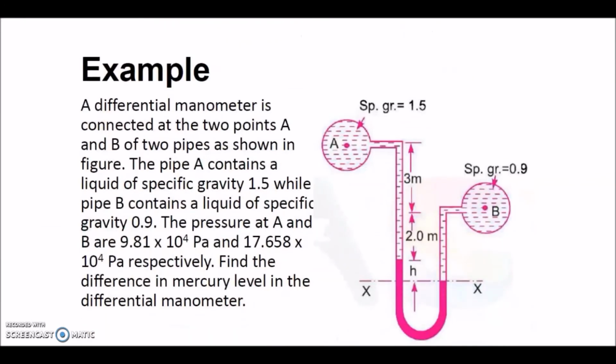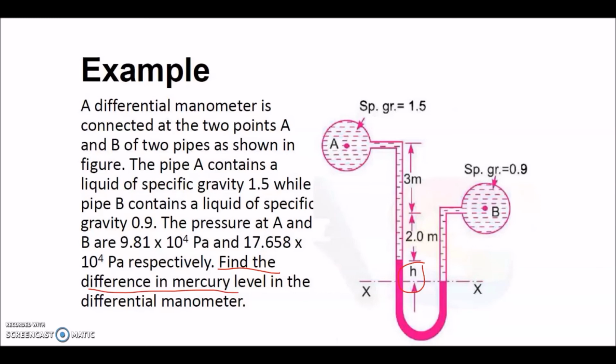Okay, then this one is differential manometer at different level. You have specific gravity 1.5, and at point B, the specific gravity is 0.9. And we need to find the H. We don't know the H. Find the difference in mercury level.